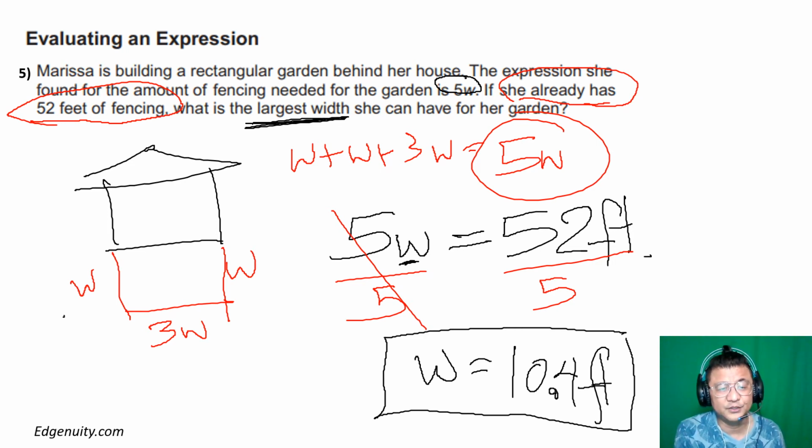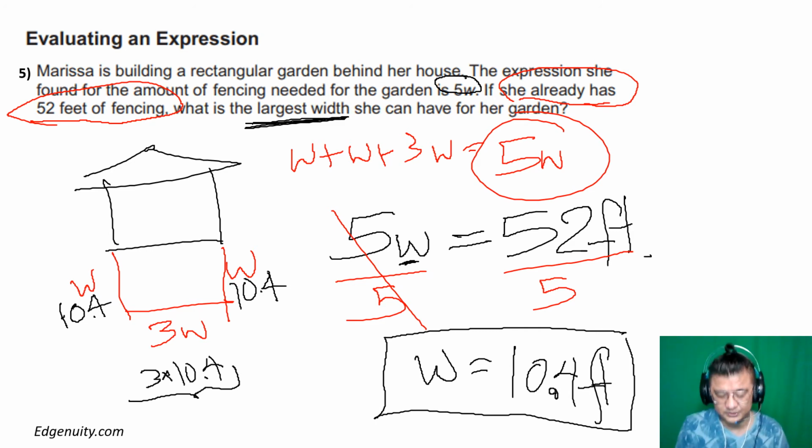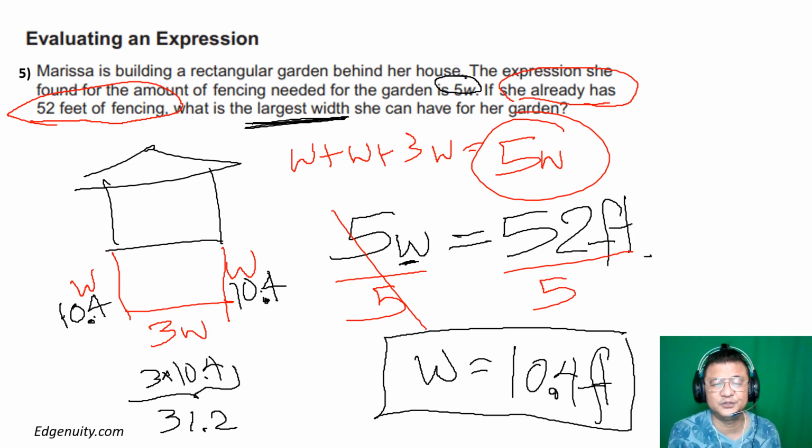So 10.4 here, 10.4 there, and then 3 times 10.4 here. 3 times 10.4 will be what? 31.2. Okay? Guess what? If you add 10.4 plus 10.4 plus 31.2, what will you get? You'll get 52 feet. Okay?